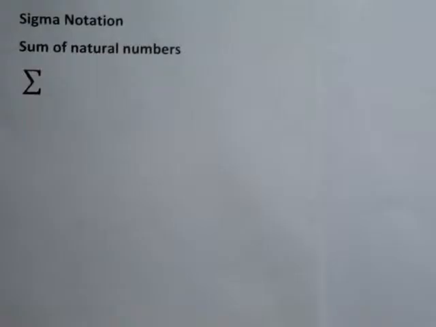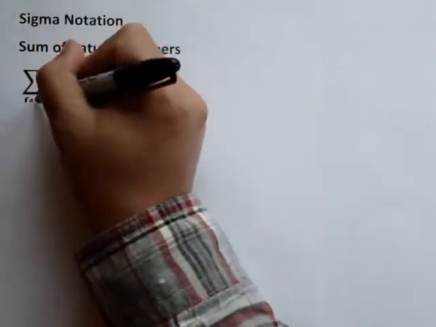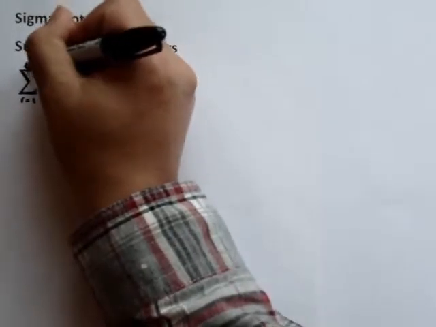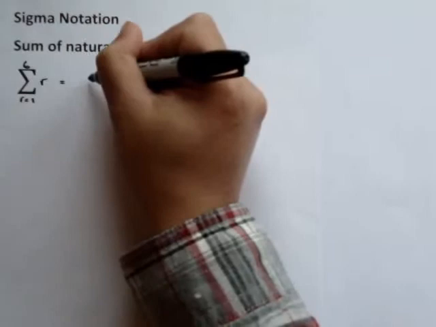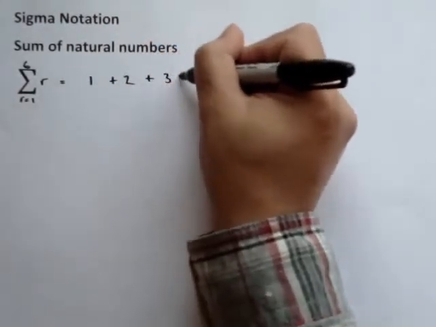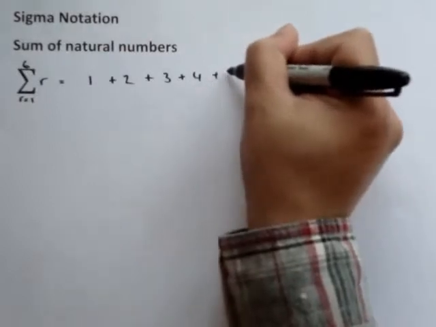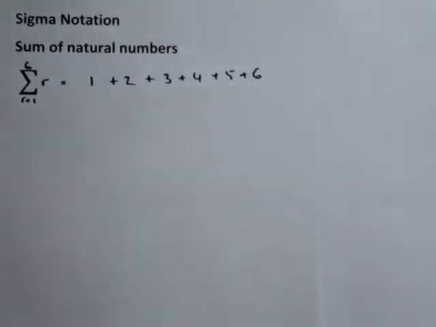The sum of natural numbers. So if we had the sum from r equals 1 to 6, that would be 1 plus 2 plus 3 plus 4 plus 5 plus 6, and we wanted to find the sum of that.